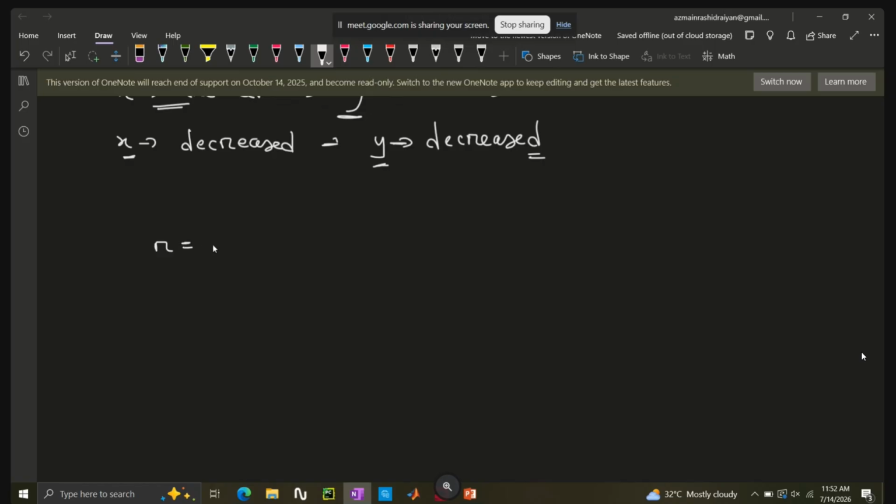Now let's say my correlation coefficient R is minus 0.64. So this means that the relation is inversely proportional.